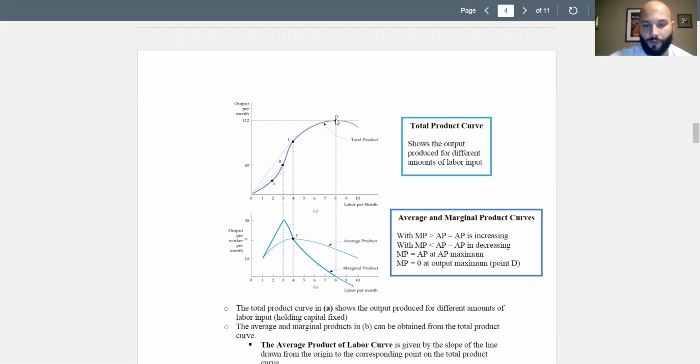Eventually it's going to get too crowded, too many bodies getting in each other's way, so total product actually starts going down. Then we can see marginal product is negative for that range. What's it saying? If we add another unit of labor, we're going to have less total product here than we did before. So marginal product is negative.